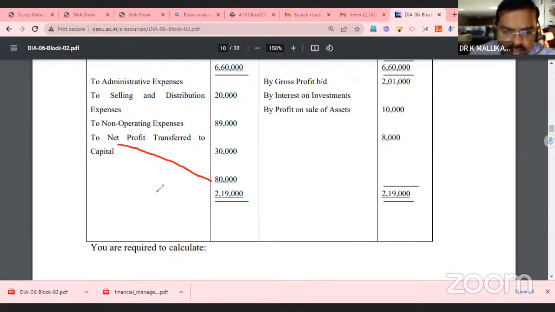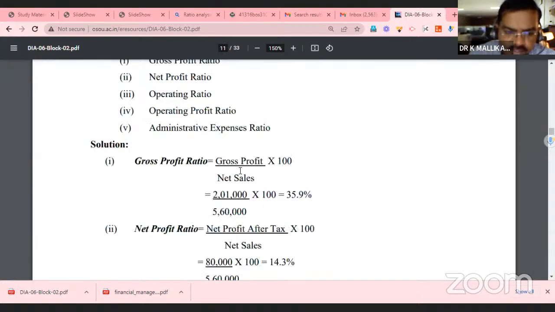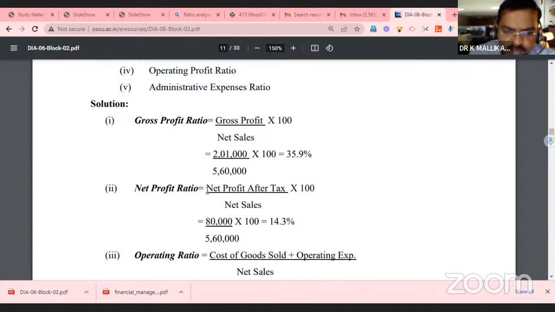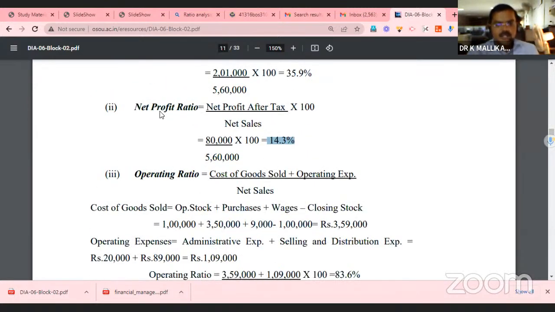Uthar Sheikh, are you there? Hello? Okay. So the net profit ratio is net profit by sales into 100. Here the gross profit rate is 35%. The net profit rate is 14.3%.